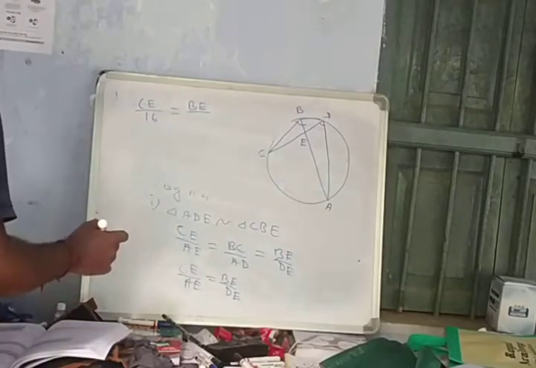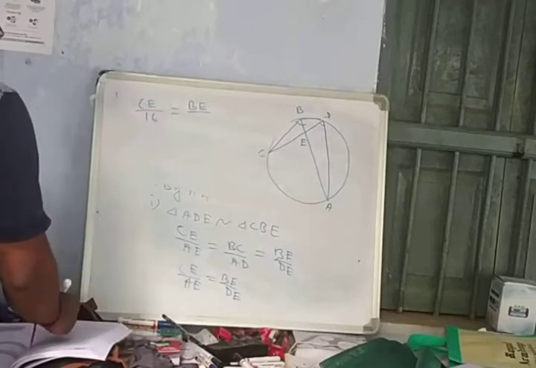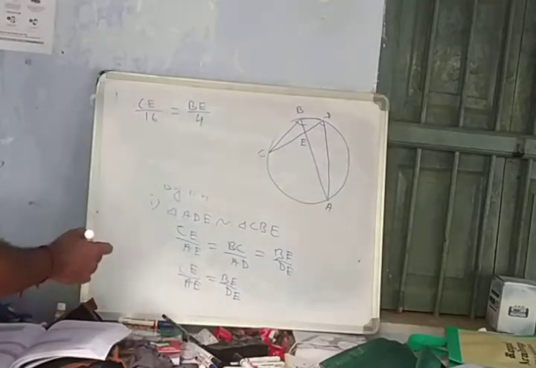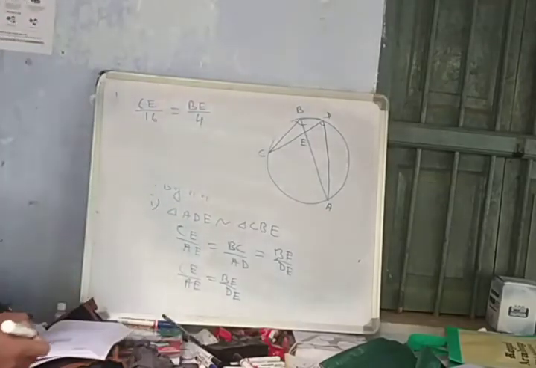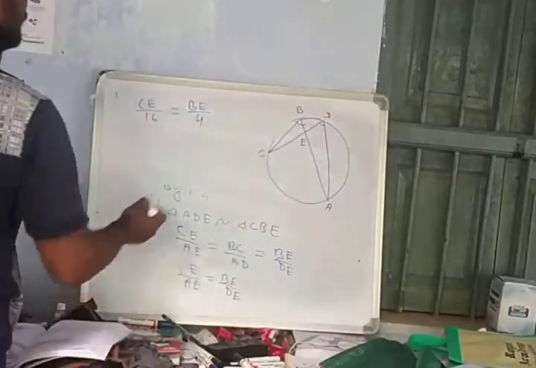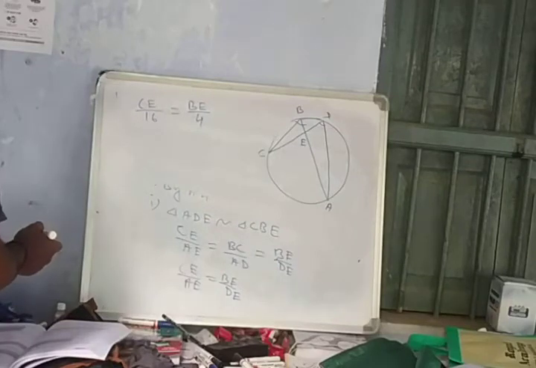BE by DE, 4. Here CD equals 12. Then CE equals 12 minus DE.